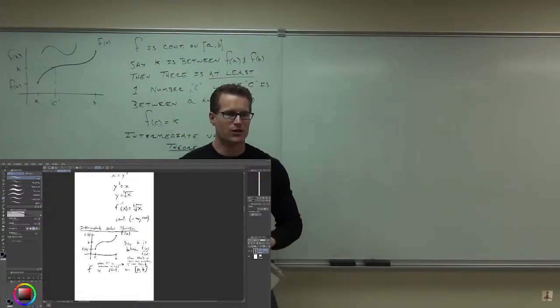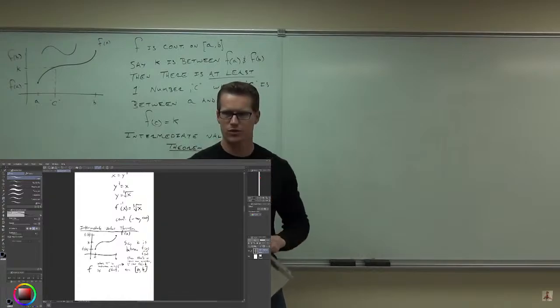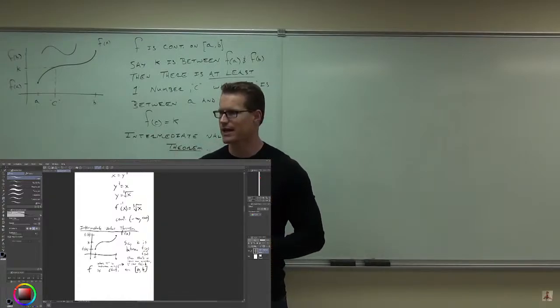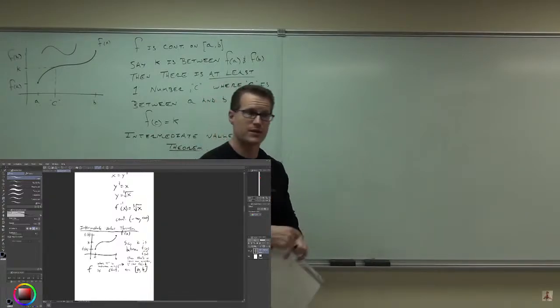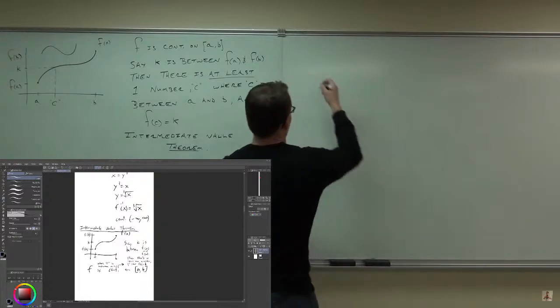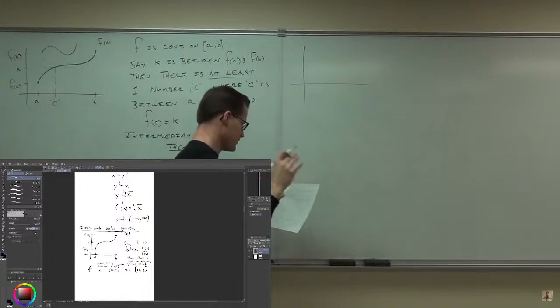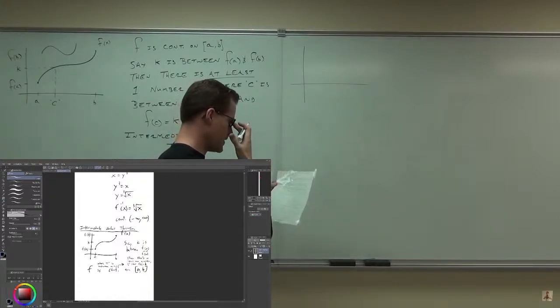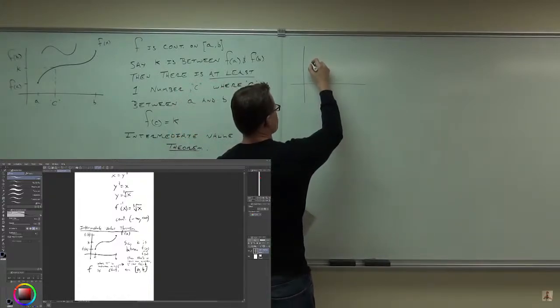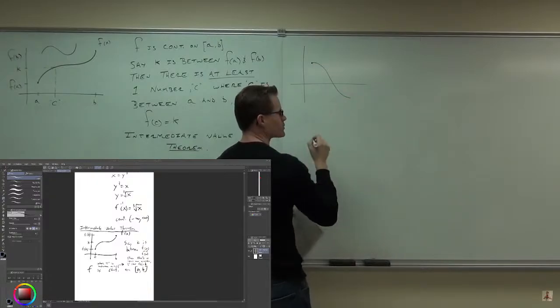Here's a cool application. You can actually approximate roots. You know what roots are, right? Where functions cross the x-axis. You can approximate that with this idea. Here's the plan. Let's say that I have this certain function. It looks like that, though.